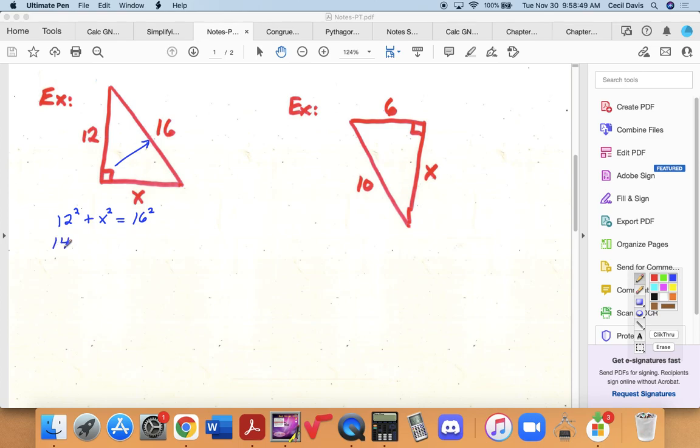So that's going to be 144 plus x squared. Who besides Morrissey knows 16 squared? He seems to know an awful lot of them. Yes? 256. Very nice. 256.